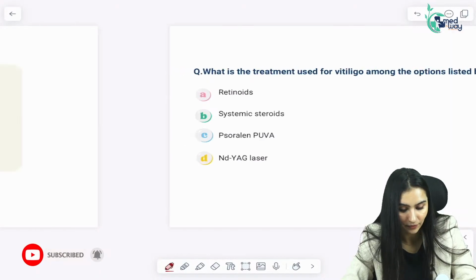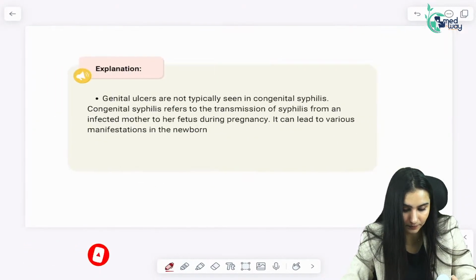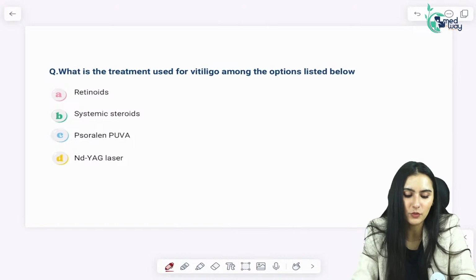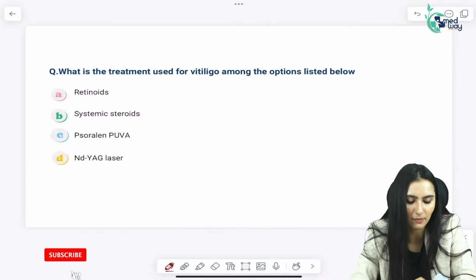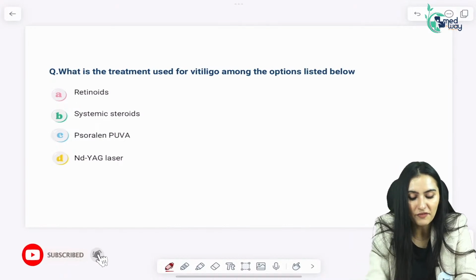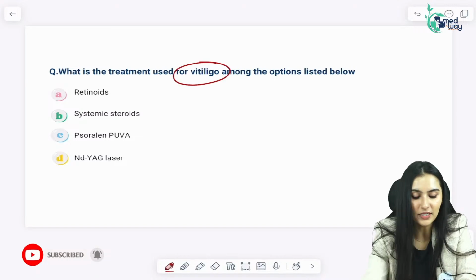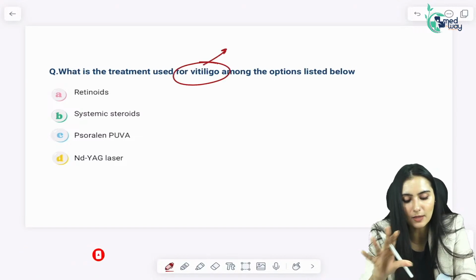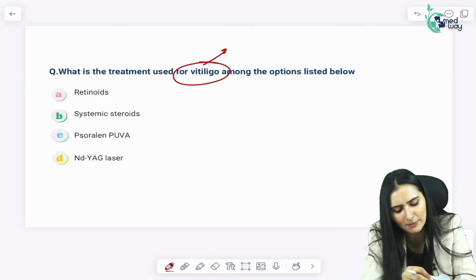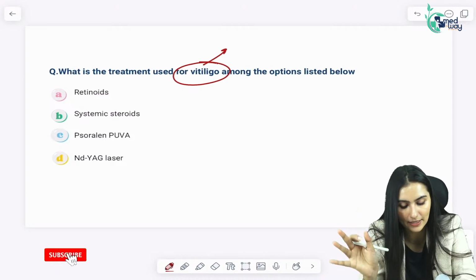Next. What is the treatment used for vitiligo amongst the options given below? If you know the pathophysiology of vitiligo, you will be able to answer what the drug is.